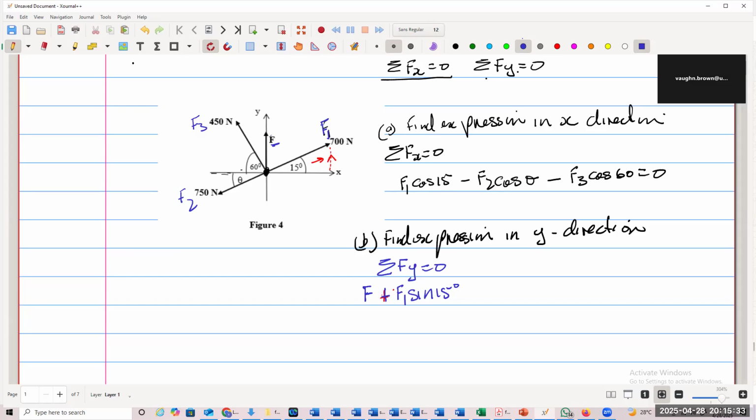All right, what's the next one we have? We have F2. So F2 now, look at F2. We already told you that it has a component in the negative y going down, and it has one in the negative x, but we're concentrating on y. So the y component, the F of y for F2, it's going to be F2, and it is coming down, and that component is sine also.